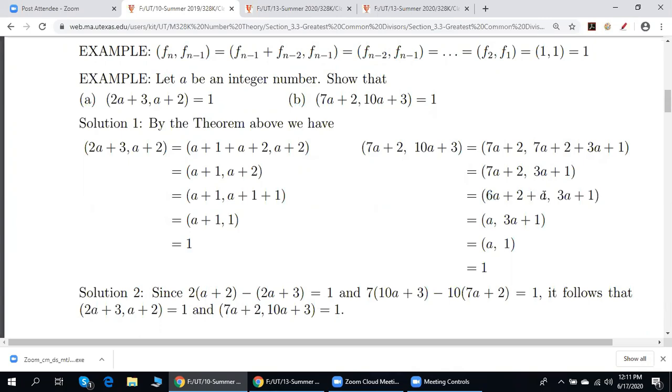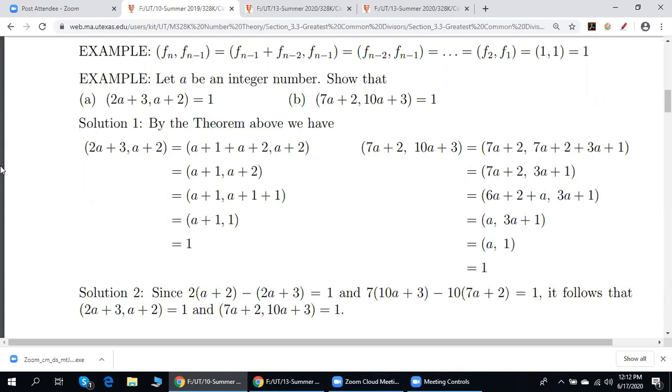The rest is a. Since this expression is 3a plus 1 times 2, we can cancel out this. Done. And lastly, since over here we have a times 3, this term can be cancelled by the theorem above. Done. And now it's totally obvious that the greatest common divisor of a and 1 is 1.